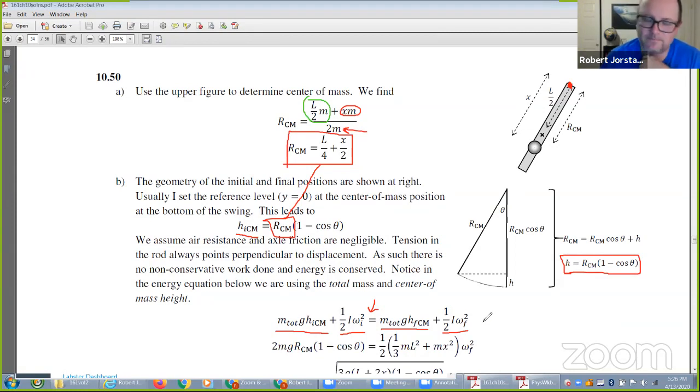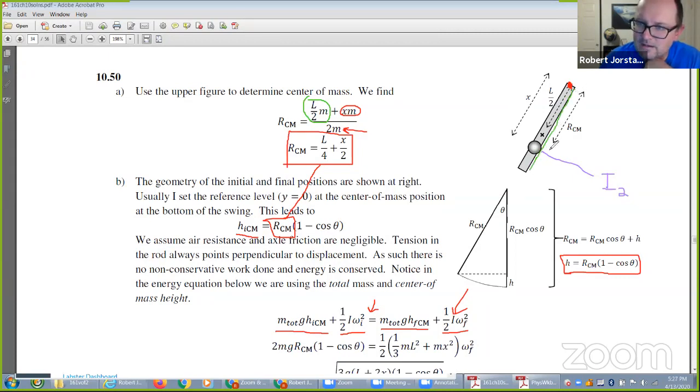Oh, crap, this moment of inertia piece is not easy either, is it? Now I need the moment of inertia of this whole thing. Let me get a different color here. So I've got the moment of inertia of this, I'll call that I2, and then I've got the moment of inertia of the entire thing here.